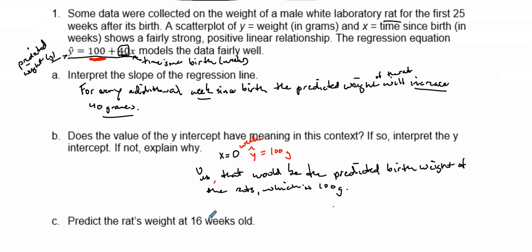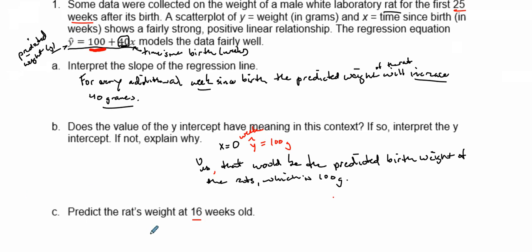Now, finally, the predicted weight at 16 weeks. We're not extrapolating here, because this is for the first 25 weeks after birth, so 16 is within 0 to 25. What is our predicted value? We figure this out by plugging in 16.